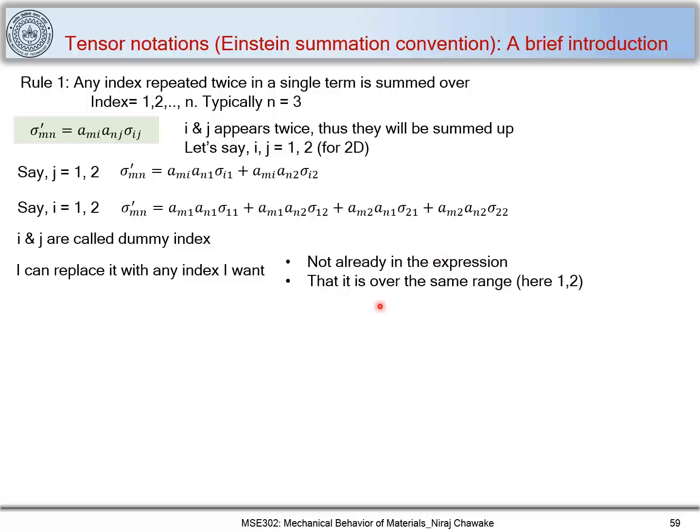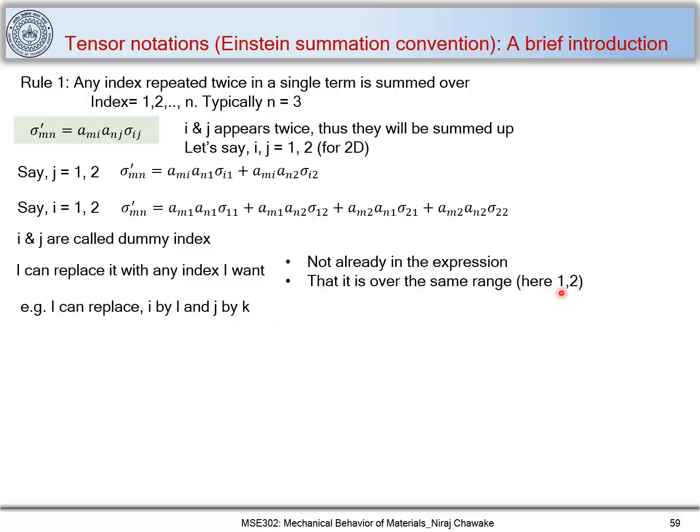So let's take an example. For example, I replace i by l. So l is not present already in this term, so I can replace i by l. And also k is not present over here, so I can replace j by k. So this is what it means. They should not be already present in the expression. And now how should l and k vary?